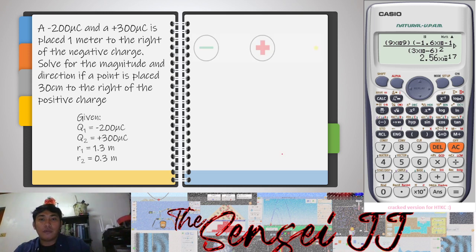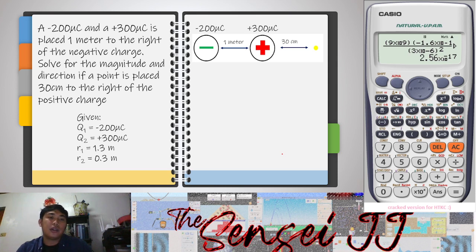Okay, so we have here our illustration, and we have our given. If you can solve for this, please try to solve for this, guys. And we will be discussing this after quite some time. Please try to solve.